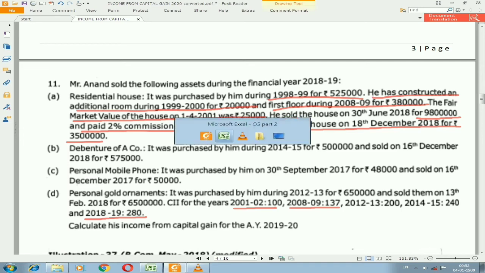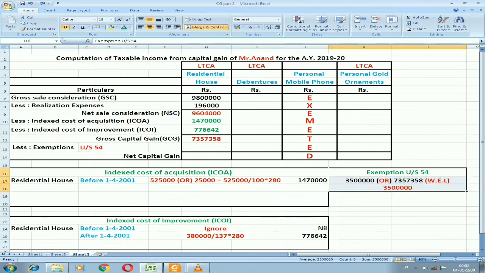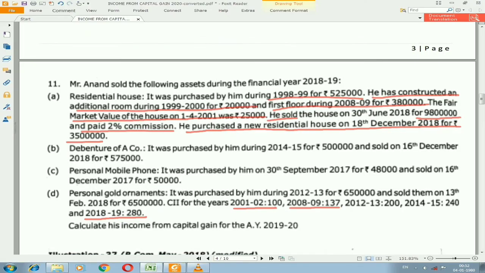Exemption amount we need to compare: investment amount is 35 lakhs, or gross capital gain is 73,57,358. Whichever is the least, 35 lakhs, we need to take. After deducting that, we get 38,57,358.